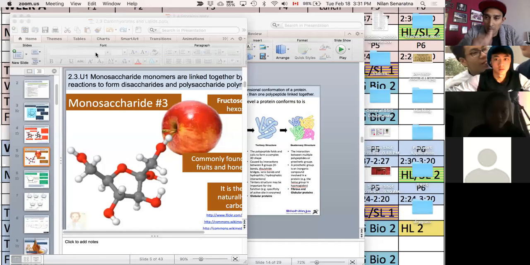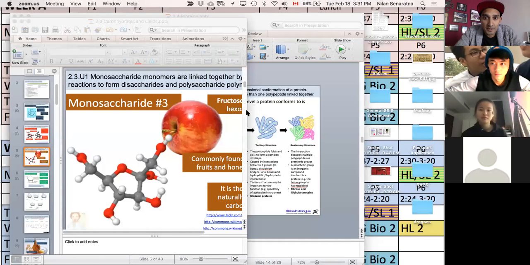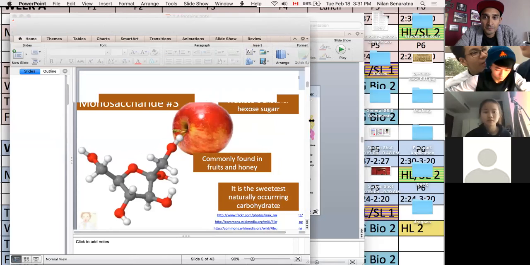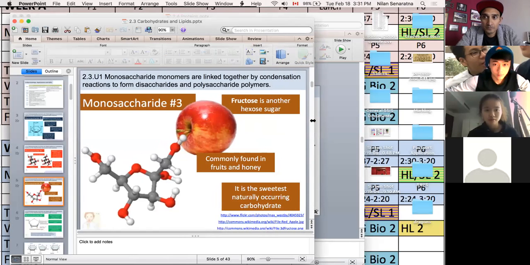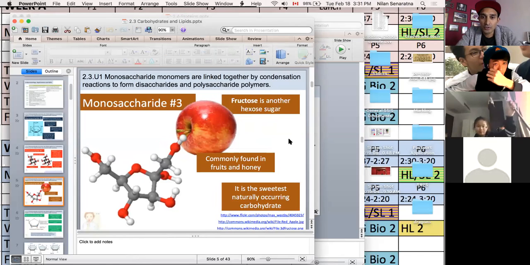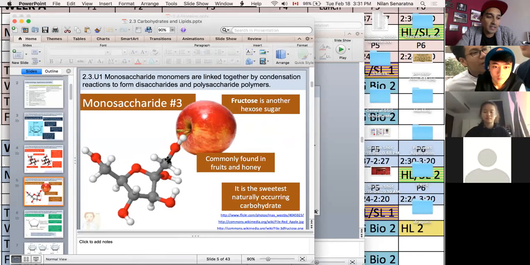I'm going to start screen sharing. Does everybody see this? Okay. His question is, this says fructose is another hexose sugar, and then he sent that image, the molecular structure of fructose, and asked which one of these two is wrong.